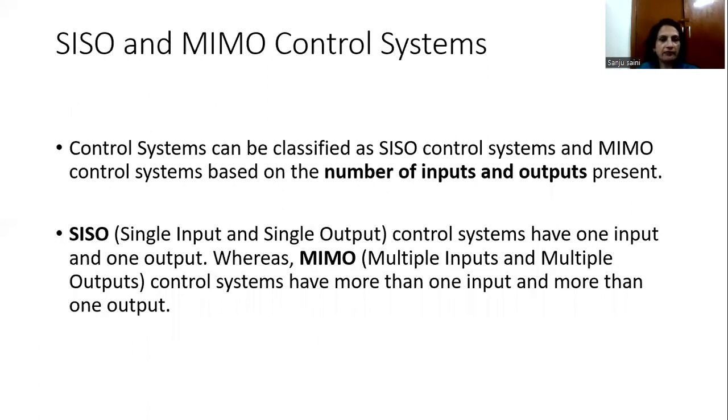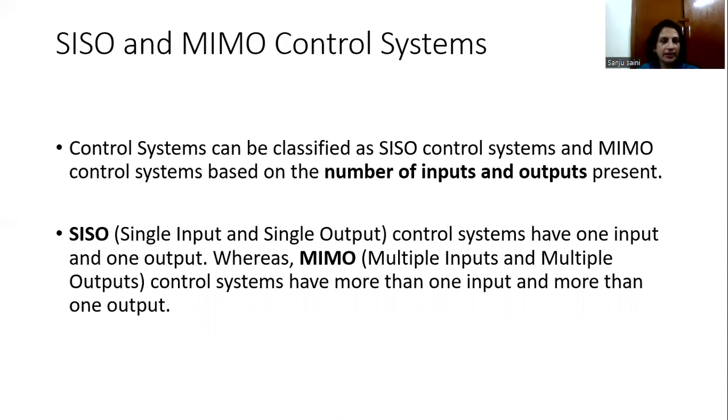Then the second classification is on the basis of how many inputs and how many outputs we are using. Sometimes we are having a single input and single output control system, like when we are controlling the temperature of an oven. It means that we have to change the input that is being given to the furnace.